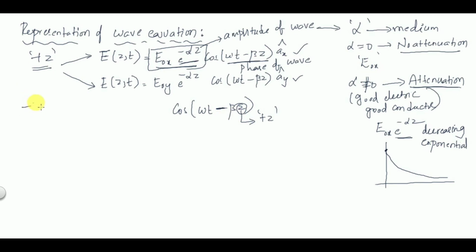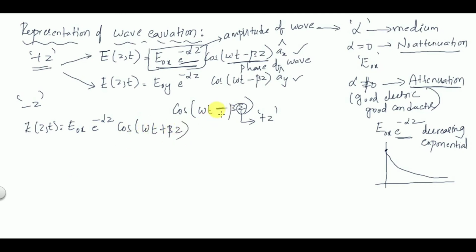Suppose the wave is traveling in minus z direction. Okay, so how will the formula be for this? E of z comma t is E naught x e power minus alpha z, everything is the same, e power minus alpha z into cos of omega t plus beta z.